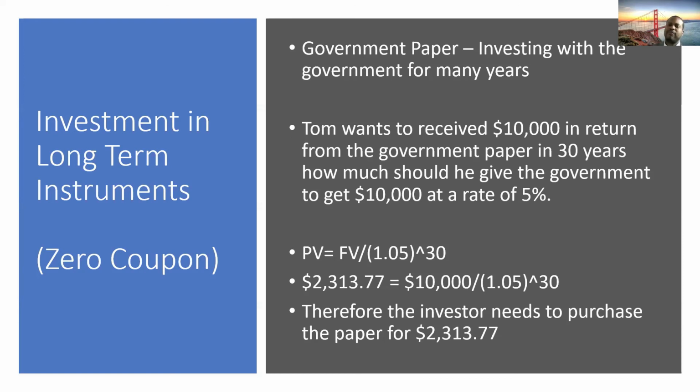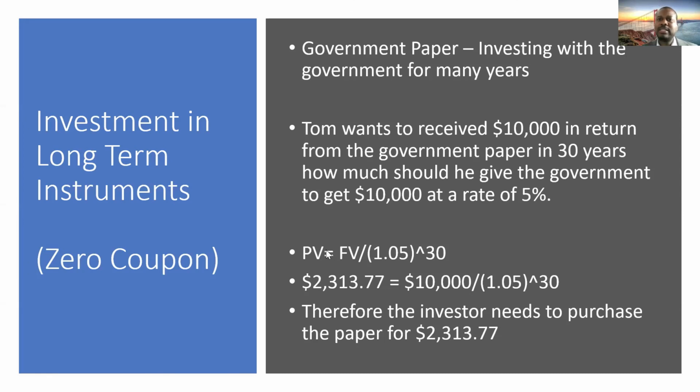So we're going to use the future value concept or the present value concept. We're going to work backwards to see what we need to start with, using the principle of compounding, to actually get to a particular figure.